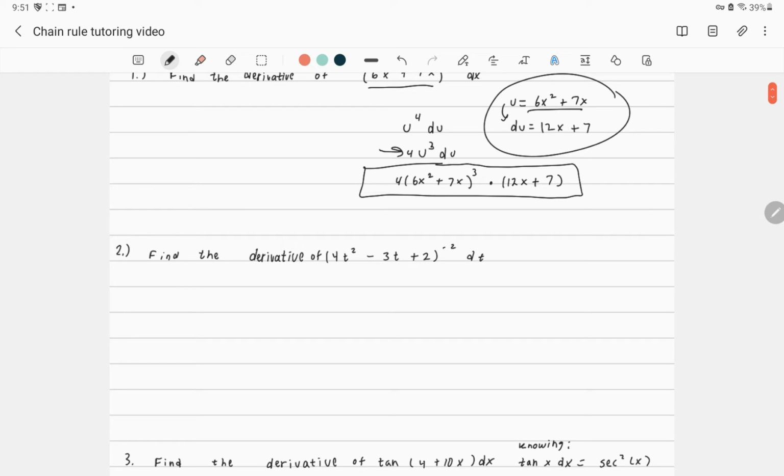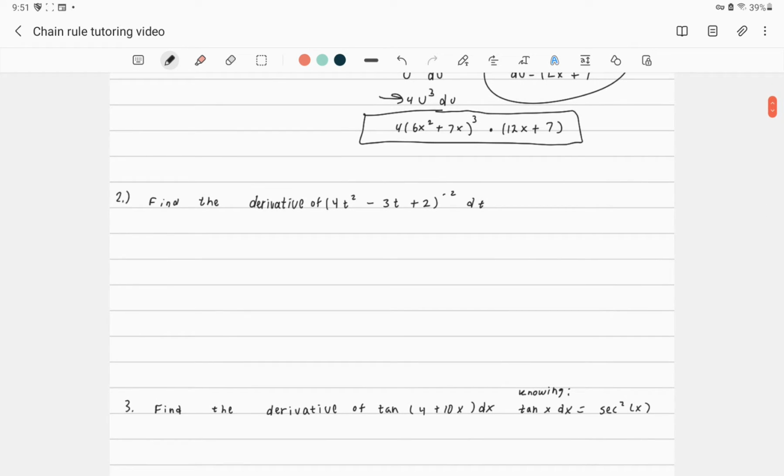Okay, so let's move on to another problem here. So for this problem, same concept. You're going to take out what's inside the parentheses first. So u equals 4t squared minus 3t plus 2.